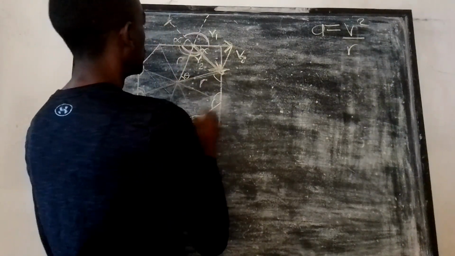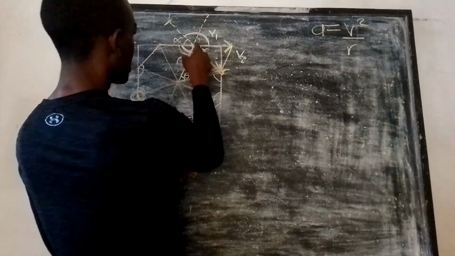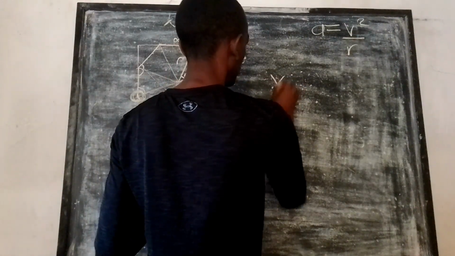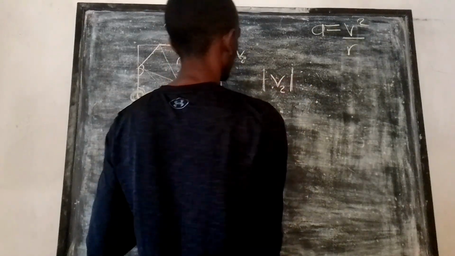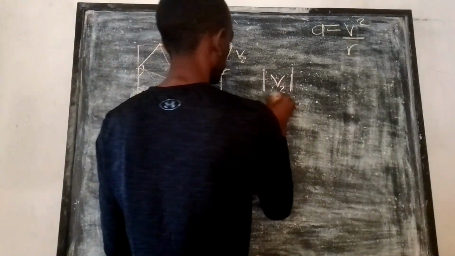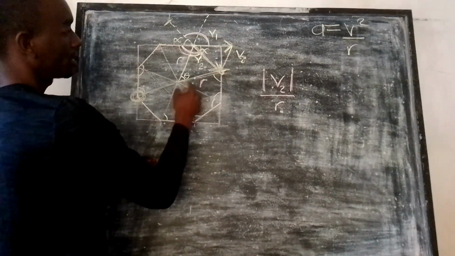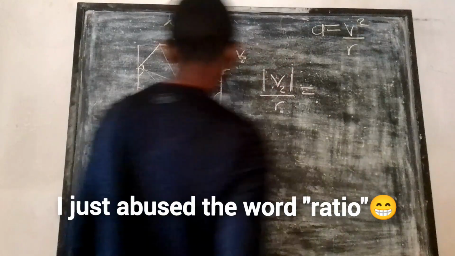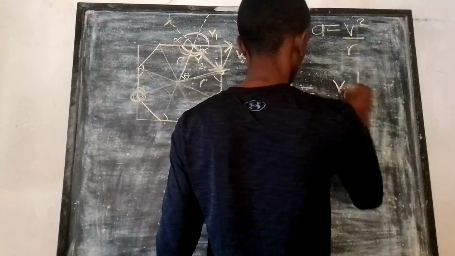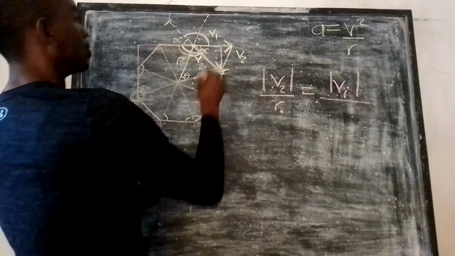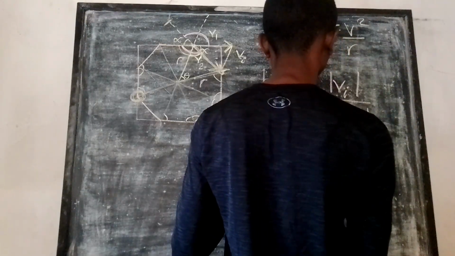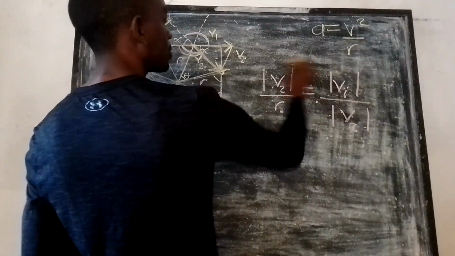So in this case, we have the ratio of this side over here for this triangle, that is V2, and let's simply put this so that we indicate that we're dealing with the magnitude of this velocity, to the ratio of this side over here, is equal to the ratio of this side, the imparted velocity, to the ratio of this side. So we end up with something like this.